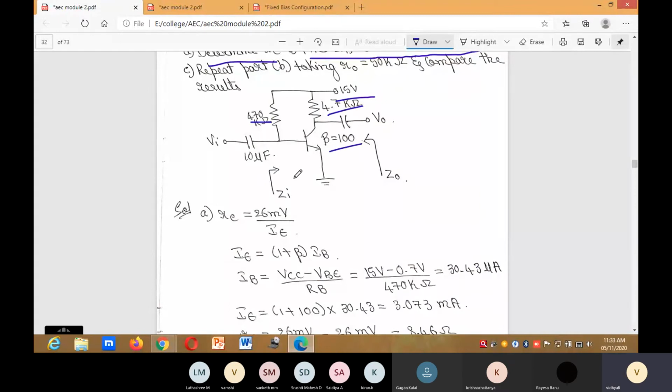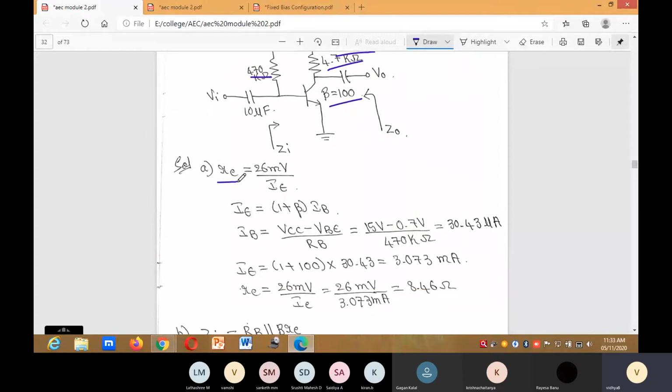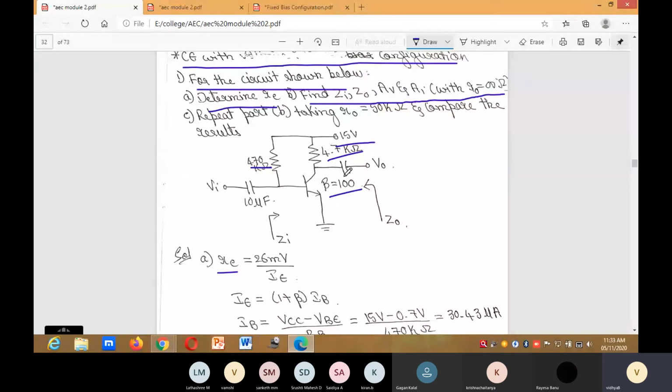We know that RE is equal to 26 millivolt divided by IE. What is IE? In this case, this is a fixed bias configuration.